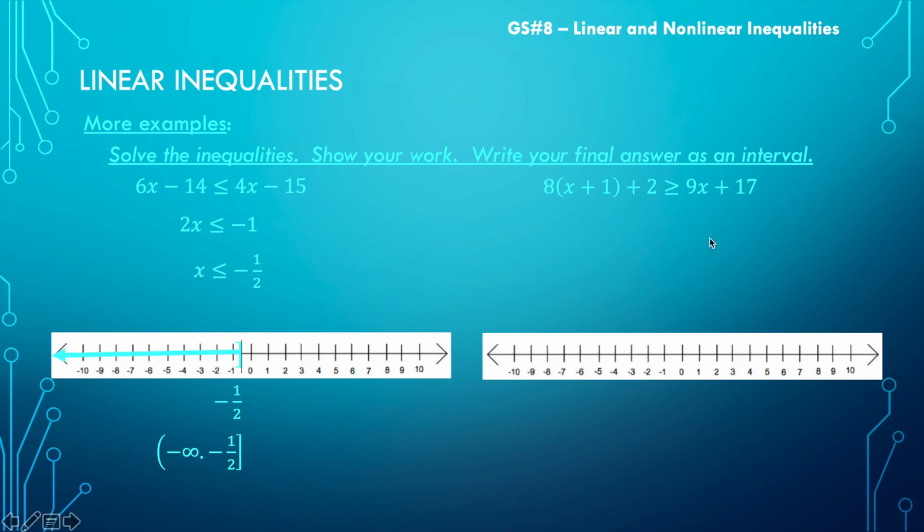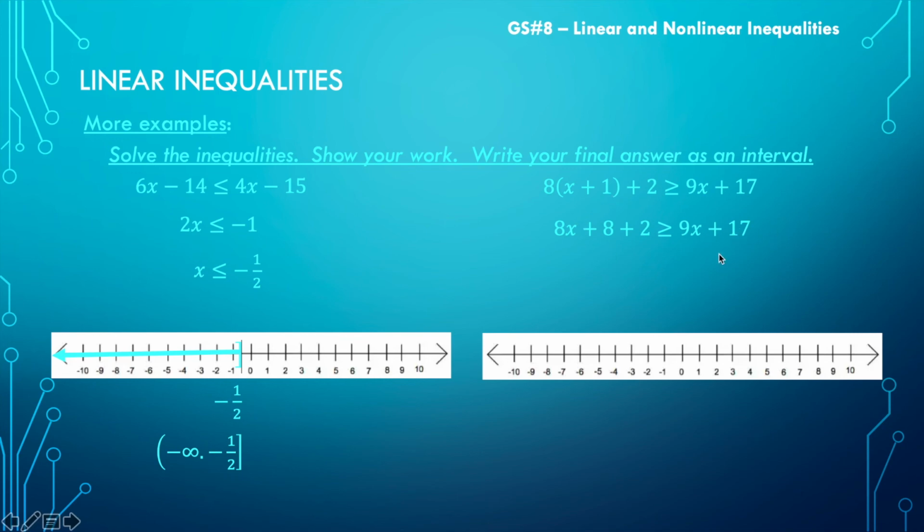And then on this example, same idea. Let's go ahead and distribute this through. We would end up with 8x plus 8 plus 2 is greater than or equal to 9x plus 17. Now, again, we're going to want to bring everything to one side. You can do either way.